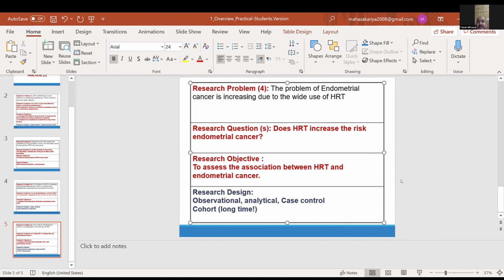So this is the discrepancy that may arise from using the two terms. If it is possible not to put it in our objective, unless you are totally sure that this is what you are going to do, correlation using Spearman or Pearson statistically, or association using the suitable test of significance, it will be better. Otherwise, I think it's okay to use association or correlation. Linguistically, they are not different.